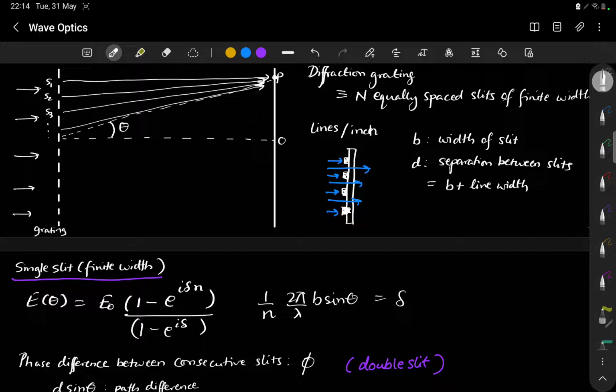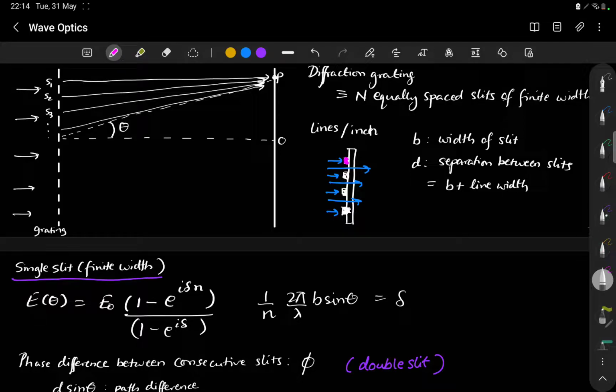So as we said, this diffraction grating is basically some lines or some grooves made on a transparent glass material. So the width of these lines that we drew, let me draw in a different color, the width of these lines plus the width of the transparent part, the slit.